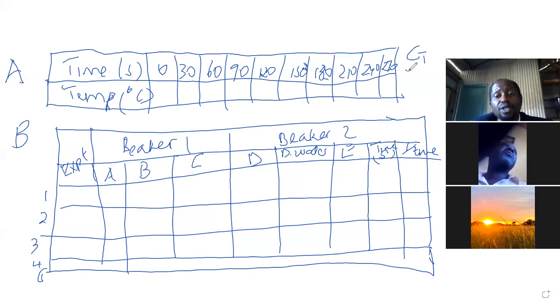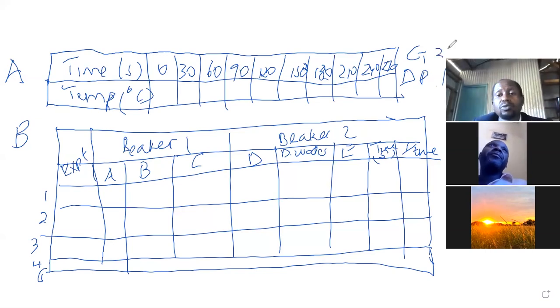The second marking point is on decimal place or use of decimals. Normally, 1 mark. Decimal place, 1 mark.